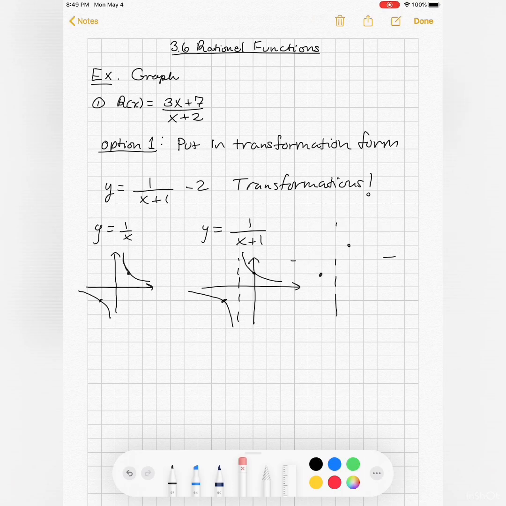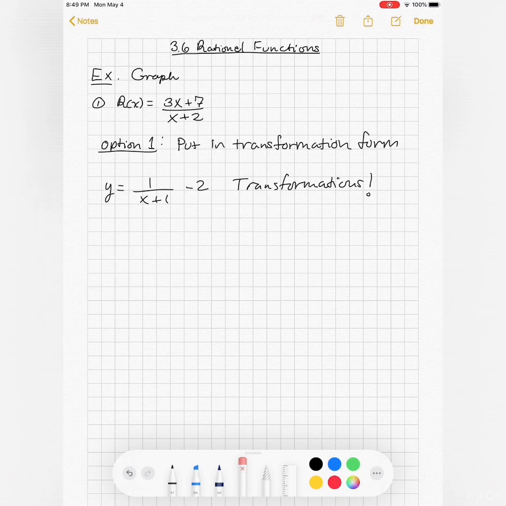How would I do that? Well, I would have to compute the long division. So it's a good thing we did a little review on dividing polynomials, so now I remember how to do long division.